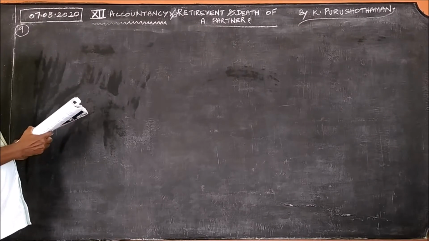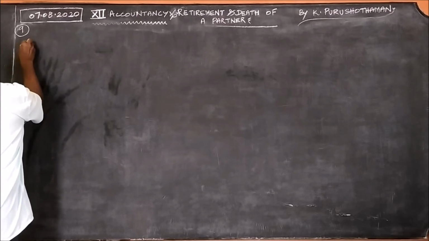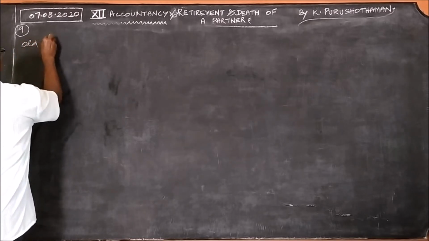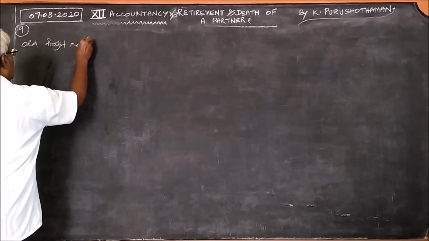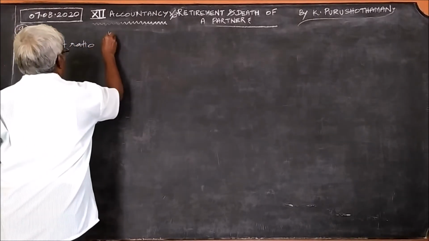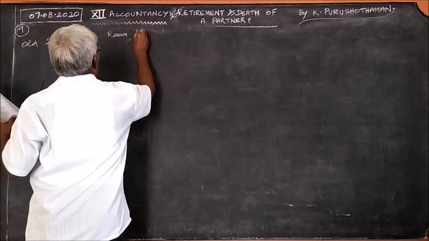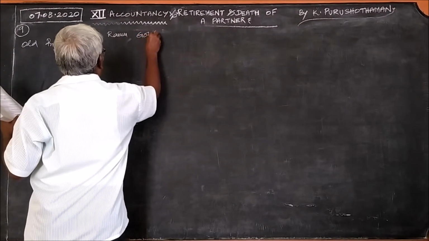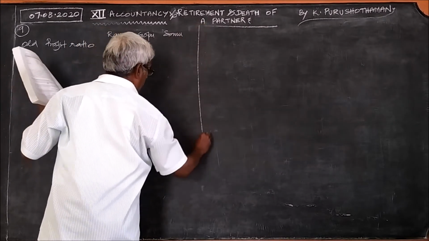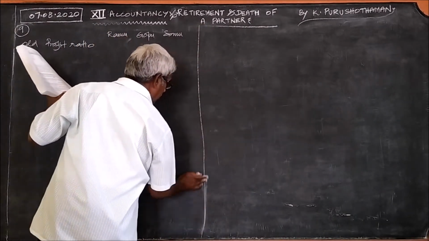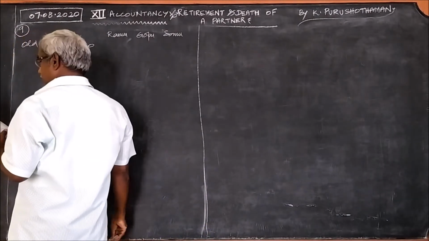Ninth problem. Ramu, Somu, Gobu are the partners. That is the old profit ratio: Ramu, Gobu, Somu.